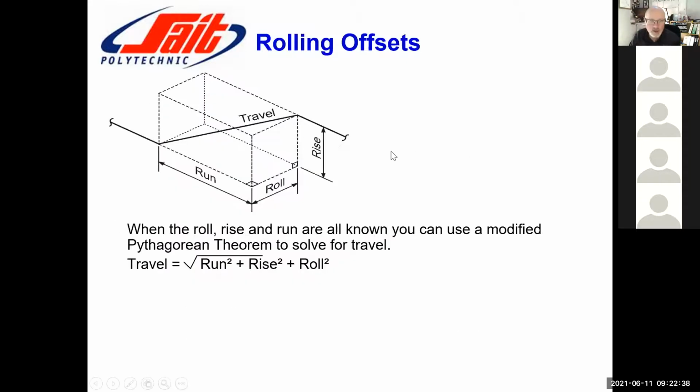Okay, the next one is when you do not have 45s. When you don't have 45s, you use the run squared plus the rise squared plus the roll squared. When you don't have 45s, you will be given 3 dimensions, and those 3 dimensions will be the run, the rise, and the roll.